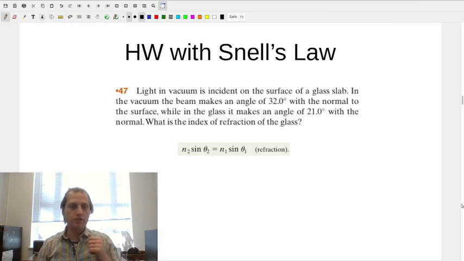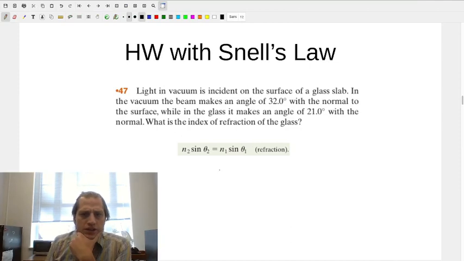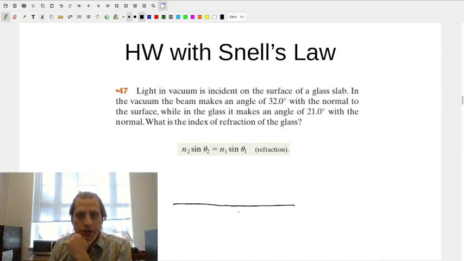All right, so let's quickly look at a homework problem that we'll do with Snell's law. It says light in a vacuum is incident on the surface of a glass slab. Okay, so it's coming in at some angle. In the vacuum, the beam makes an angle of 32 degrees with the normal to the surface, and notice I'm defining that with respect to this line that's perpendicular to the surface.